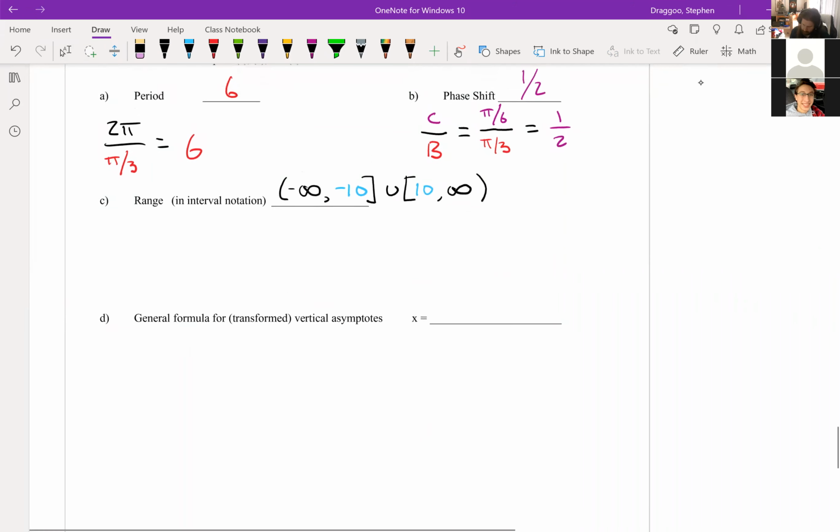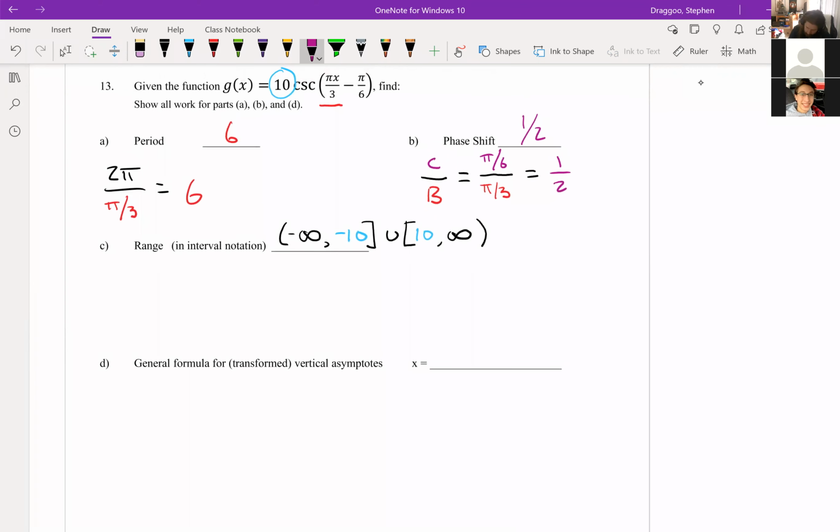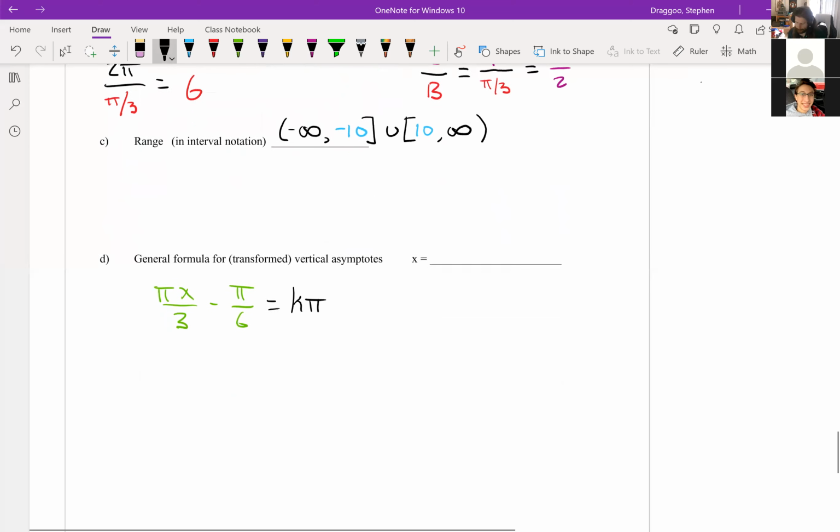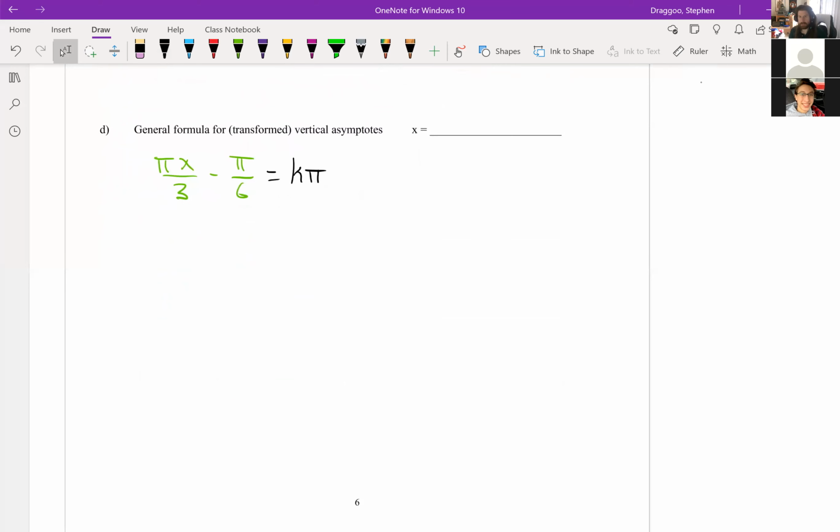All right. Then we wanted a general formula for the vertical asymptotes, which means looking at the interior up here. So I want pi x over 3 minus pi over 6 to be equal to k pi. And we're going to solve this thing for x. Doing so means I've got pi x over 3 is equal to pi over 6 plus k pi.